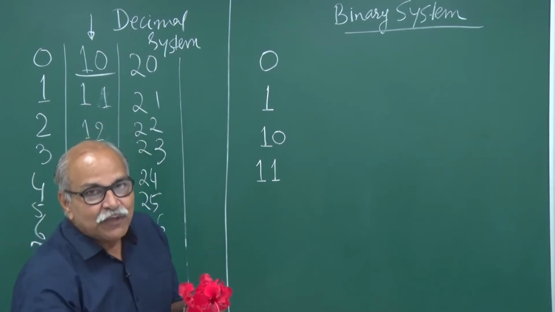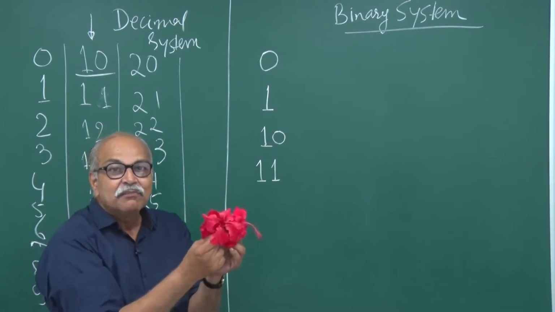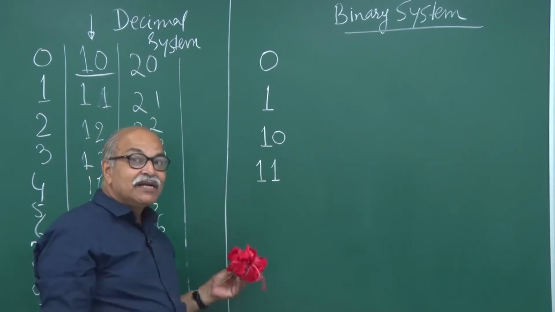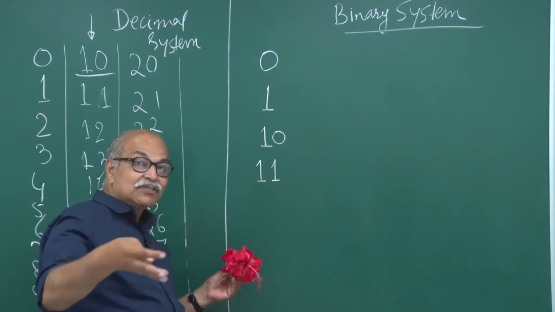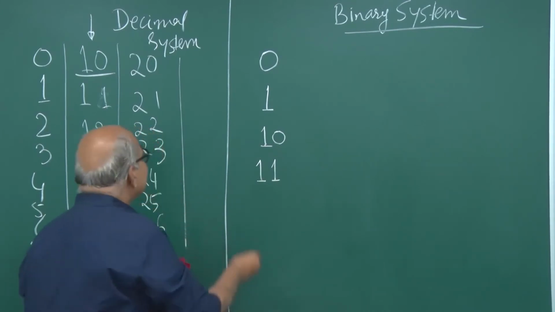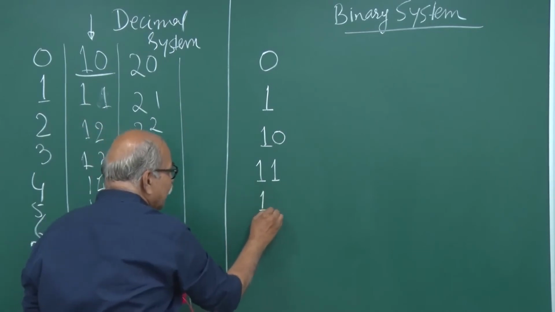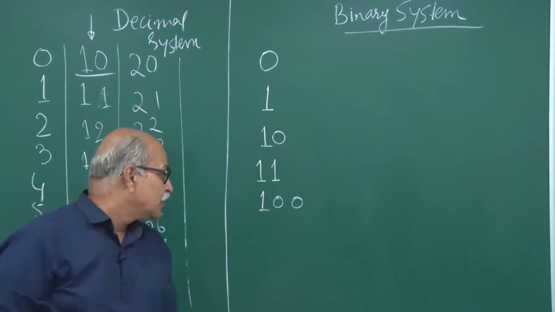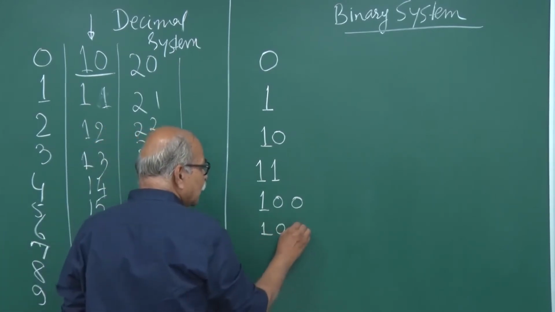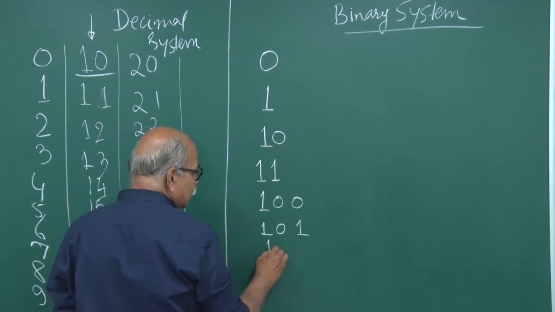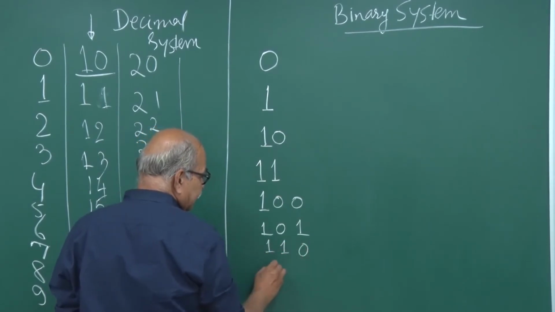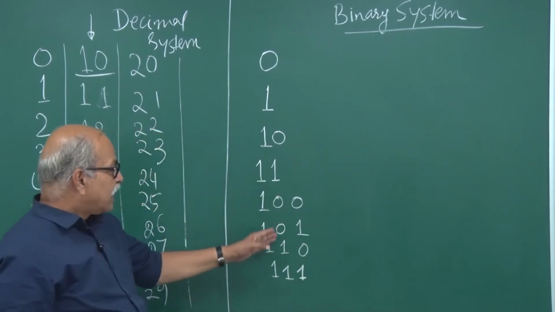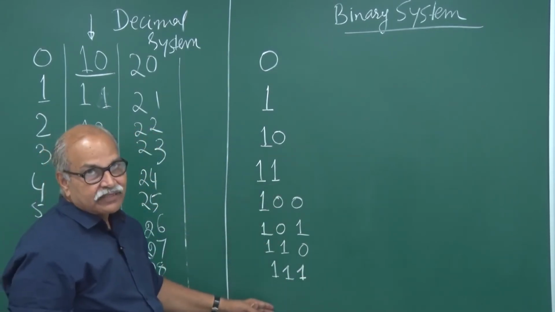So, if I add one more flower in this bunch, I have to go to the next number, but next number has to be a 3-digit number, and the smallest 3-digit number I have to write, and we will write that 1 0 0. So, this is how it will go. You increase 1 by 1. So, this will be 1 0 1, the next will be 1 1 0, and the next will be 1 1 1. I have reached the maximum 3 digits number that I can.